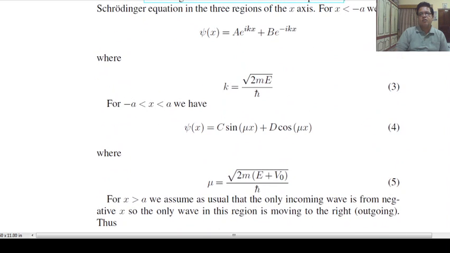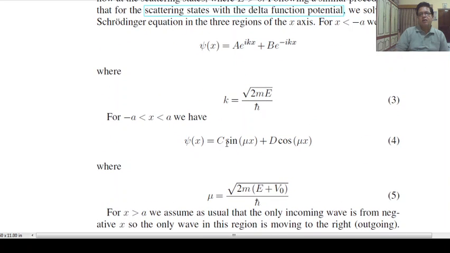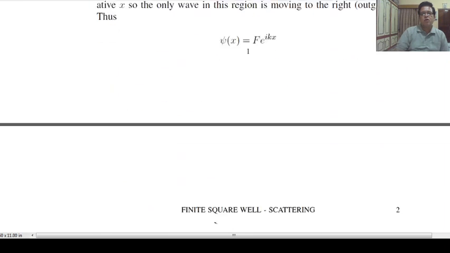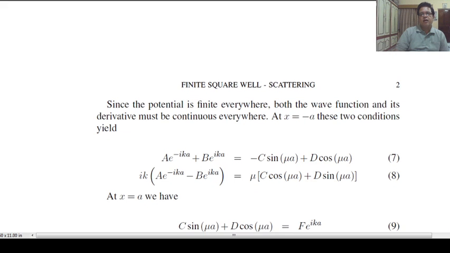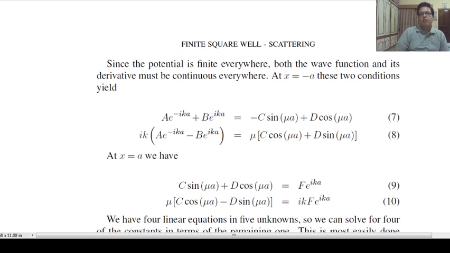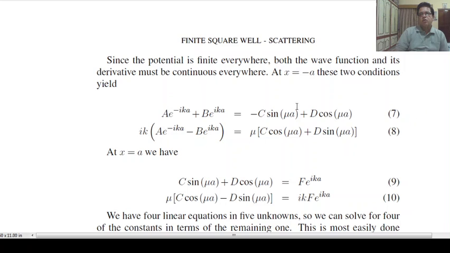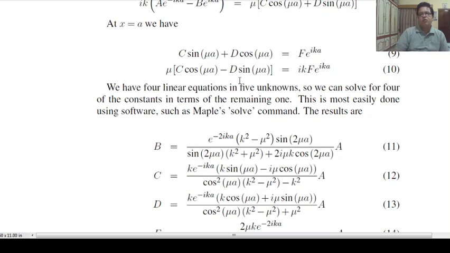You can easily see this from the equations psi 1(x) and psi 2(x), taken at x equal to minus a and plus a. At minus a, because sine is negative, there is a minus sign, and likewise for its derivative. Similarly, at x equal to a, we have two equations.